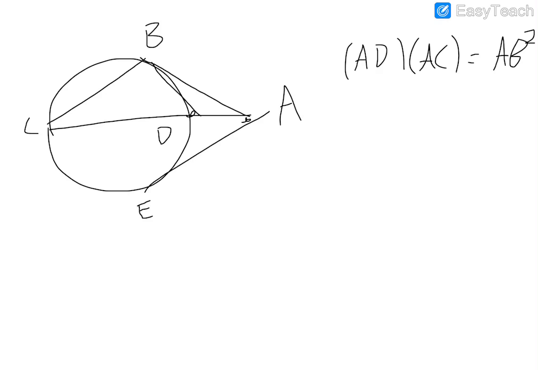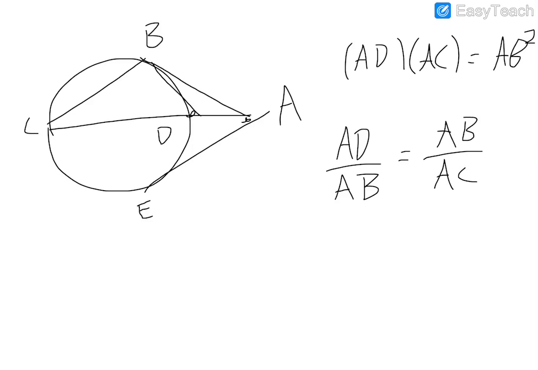Now if we rearrange this, it turns into AD over AB equals AB over AC. Let's look at what these lines are: AD and AB, and we also have AB and AC.